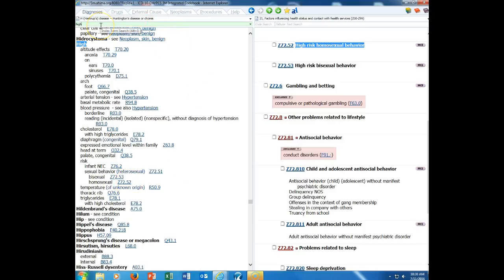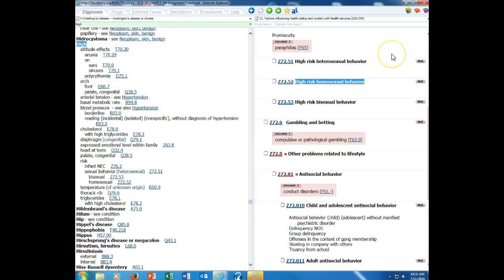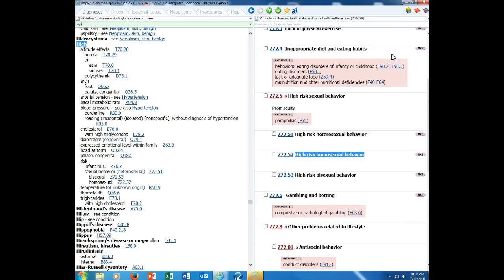Unless the provider specifically documented that, you should not assume that just because someone comes in and says that they are homosexual and they want to be tested for HIV, that they are engaging in high-risk behavior. So you would definitely want the provider to document that before you coded it.